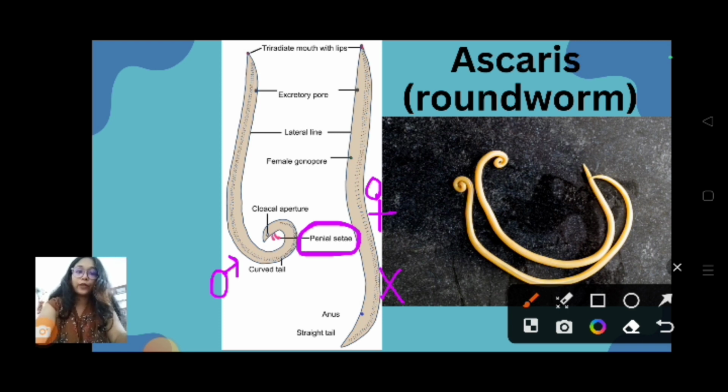Female are generally longer, but males are shorter, and males are having penial setae, which are absent in case of female. Is it clear?